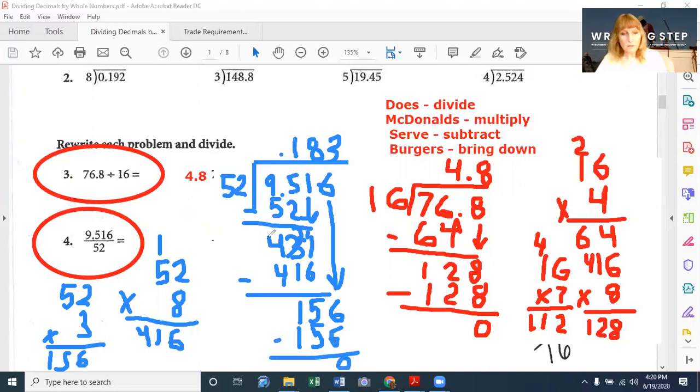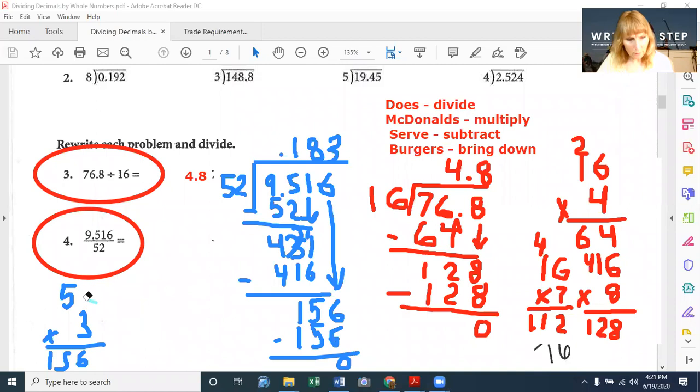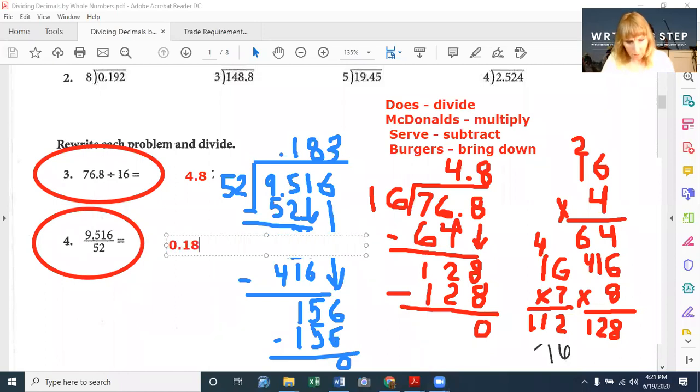And so the answer is 0.183 for that one. So let's erase what we got on the side here so we can get our answer in there. If you want to put a 0 in front, you can, 0.183 or just .183. So that's how you do division with dividing decimals by a whole number.